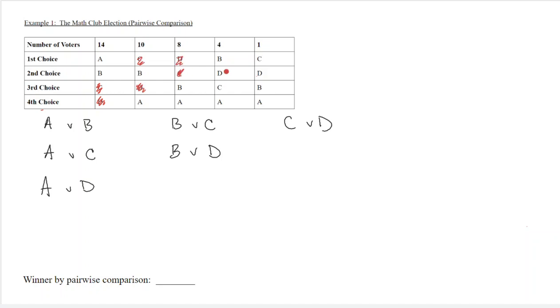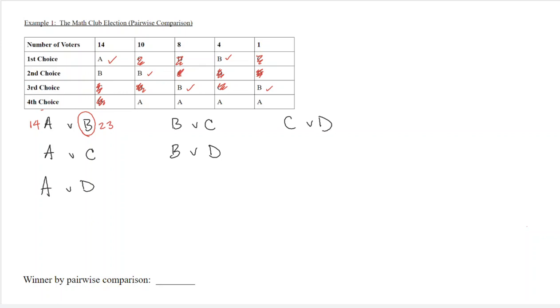So I'm going to scribble out C and D. So if A and B were the only options, these 14 people would choose A. These 10 people would prefer B over A. These 8 people would prefer B over A. These 4 people would prefer B over A. And this last person would also prefer B over A. So A would get 14 votes, and B would get 10, 18, 22, 23 votes. So B wins this head-to-head matchup.